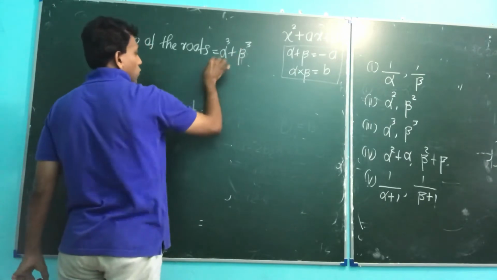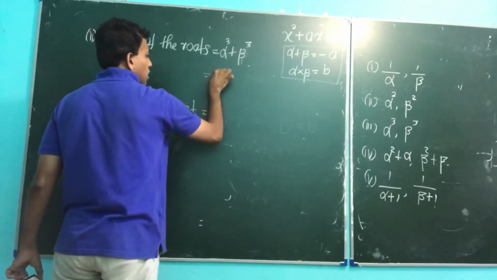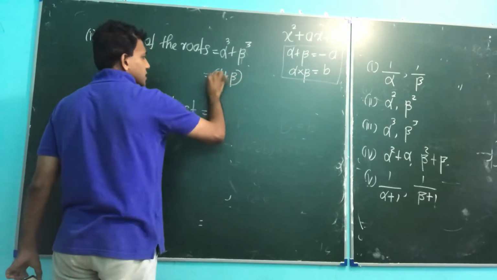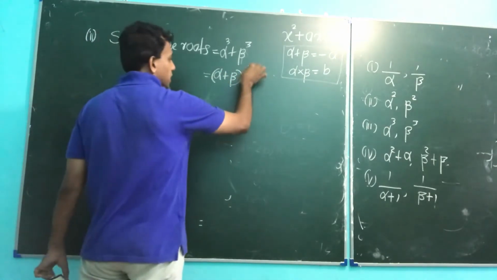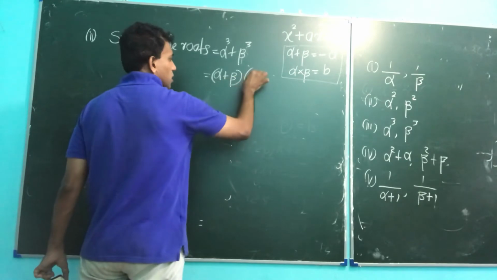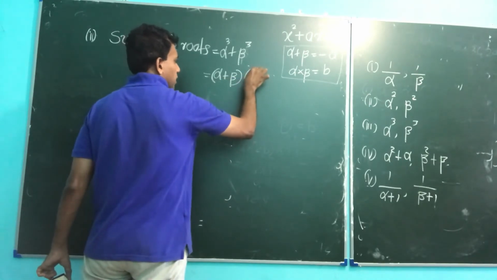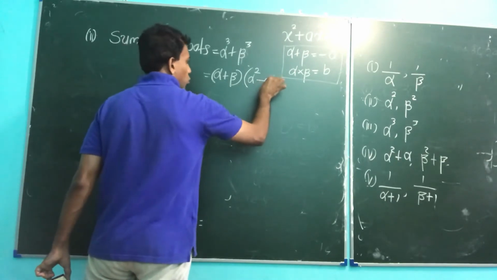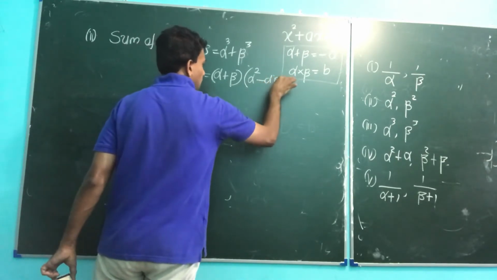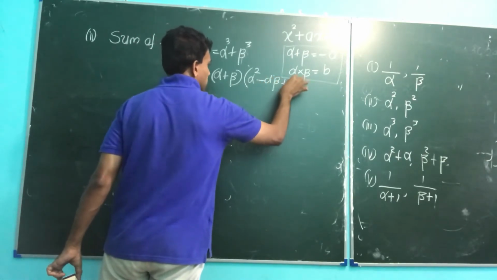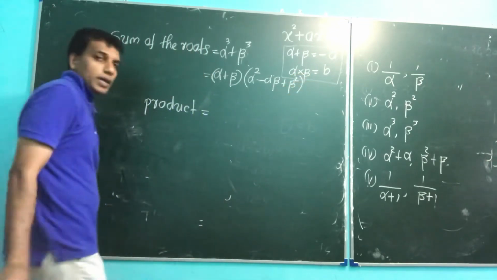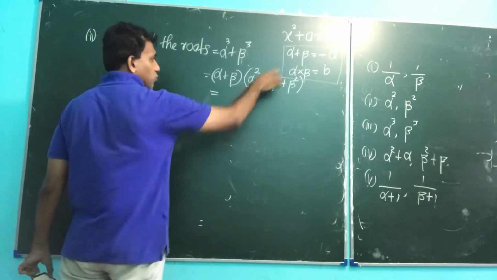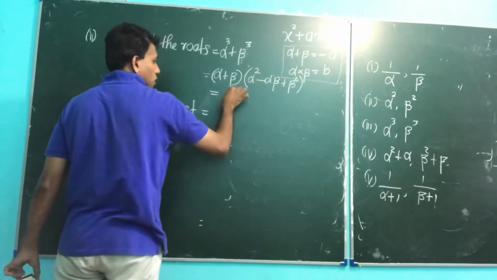You can factorize alpha cube plus beta cube. One factor is alpha plus beta. The other one is alpha square, minus the product of both, and at last plus beta square. Therefore, it is still not enough to substitute these values.